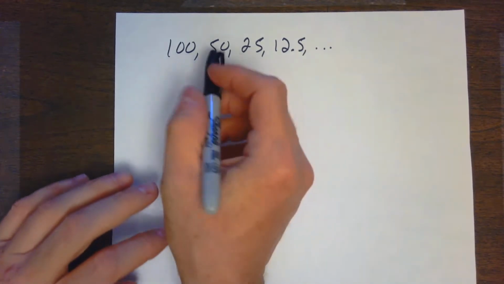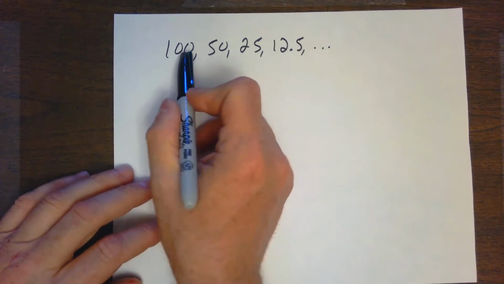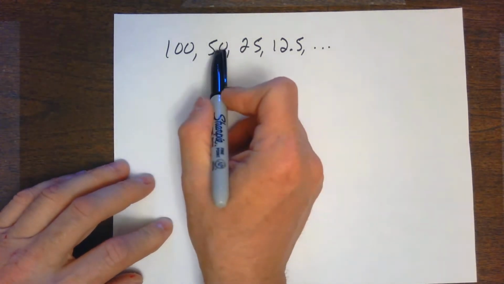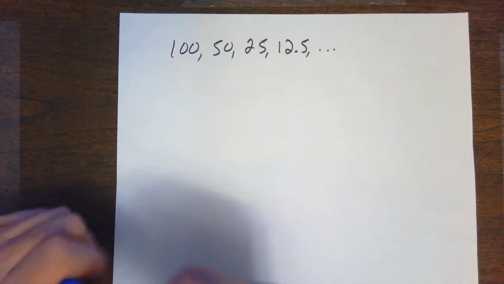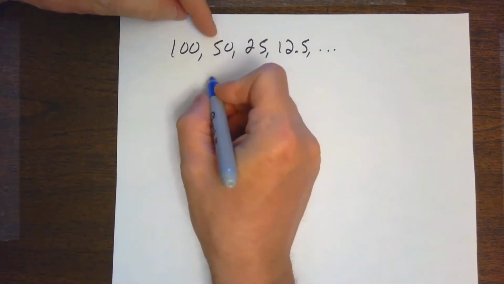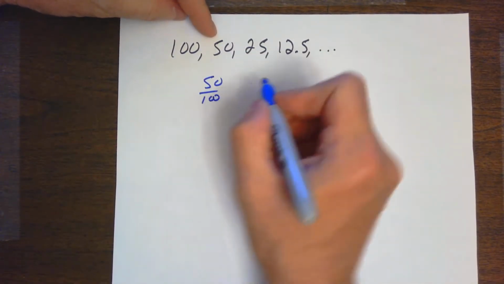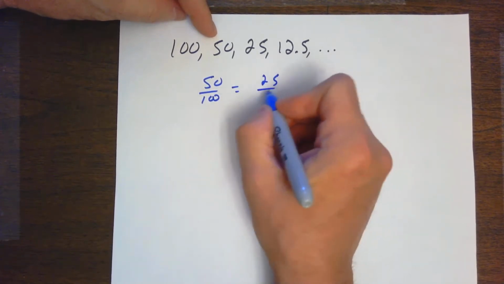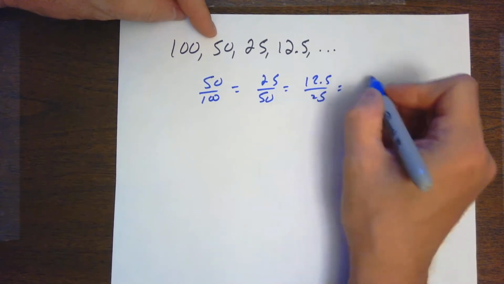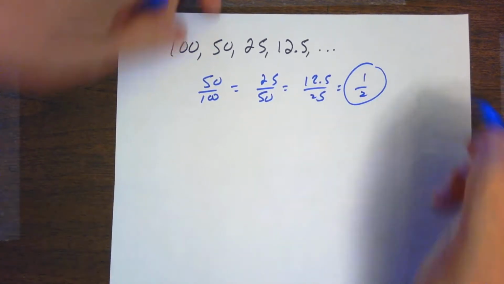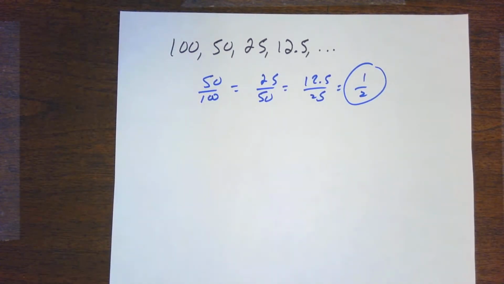Well, remember, I can use my trick. 50 divided by 100, 25 divided by 50, 12.5 over 25. They're all the same thing. Any term divided by the previous one. It's the same thing as 25 divided by 50. It's the same thing as 12.5 divided by 25. All of them reduced to 1/2. My common ratio is 1/2.